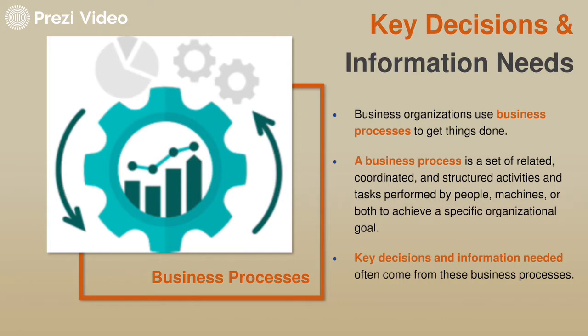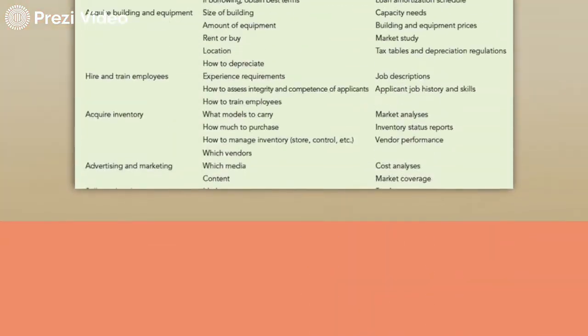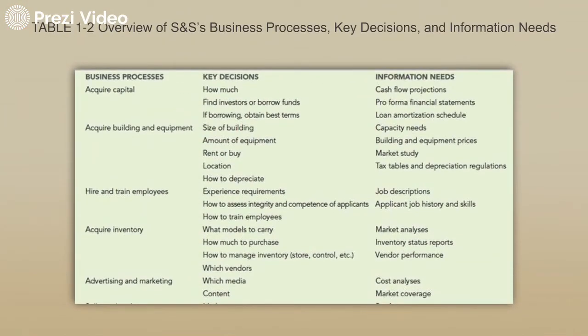If you refer to table 1.2, page 32, in this table you can look at the examples of business processes, key decisions and information needs. This is the SNS case that you read earlier.